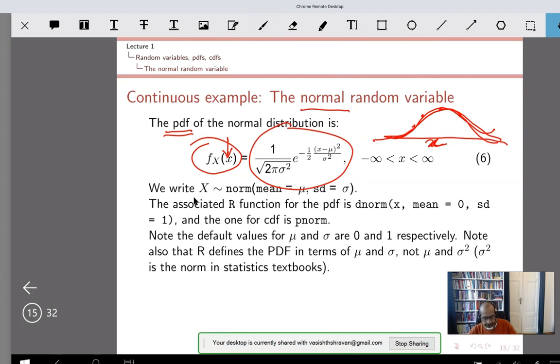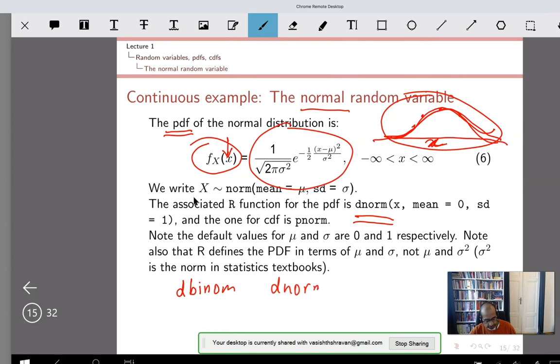In R, this function, this curve that you're seeing here, will be drawn by using something called the dnorm function, right? And so now you can see why the letter d turns up in the binomial distribution, dbinom. And right now I'm talking about the dnorm function, right? So for uniformity, probably the developers of R decided to call this class of function with the same name.